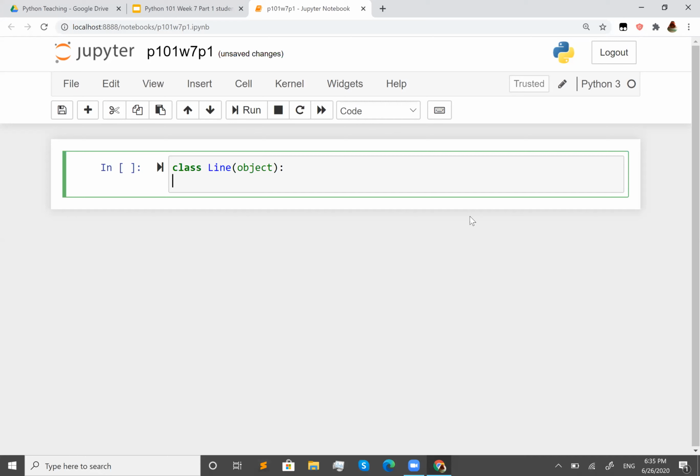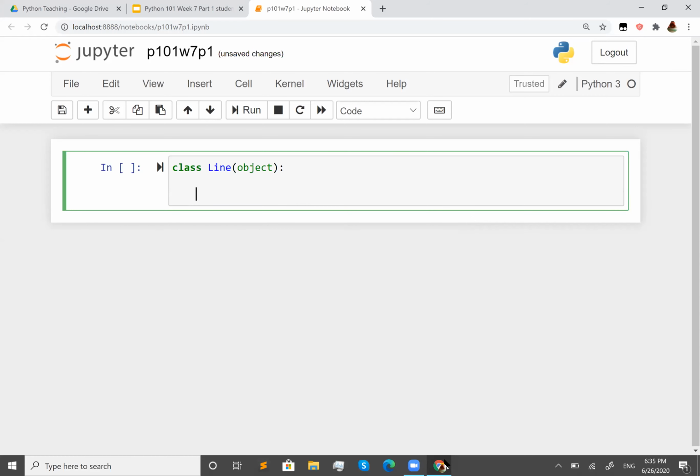Now, indent. All right, so now we're gonna define init. Can anyone tell me how to define init? The init method. Yes, Ross? Well, you do 2 underlines. Not underlines.